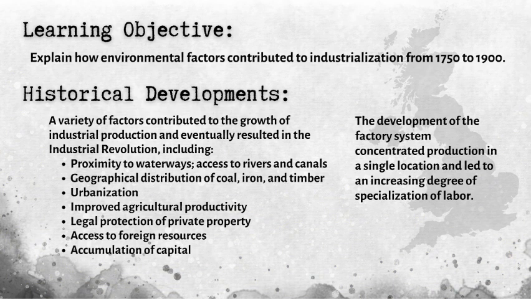from 1750 to 1900. Historically, a variety of factors contributed to the growth of industrial production and eventually resulted in the Industrial Revolution, including proximity to waterways, like access to rivers and canals, geographical distribution of coal, iron, and timber, urbanization, improved agricultural productivity, legal protection of private property, access to foreign resources, and accumulation of capital.